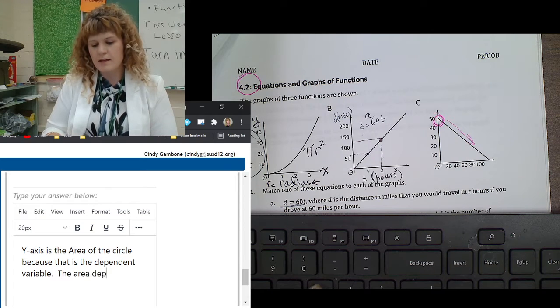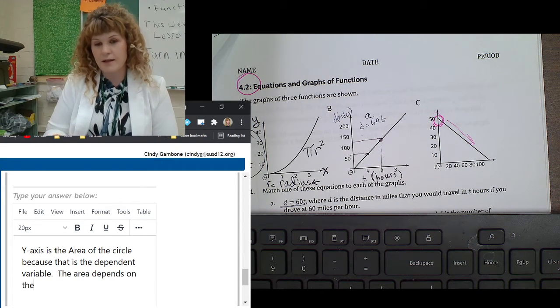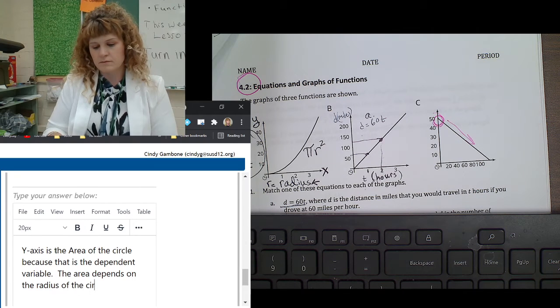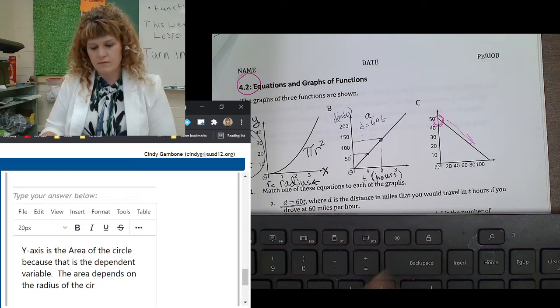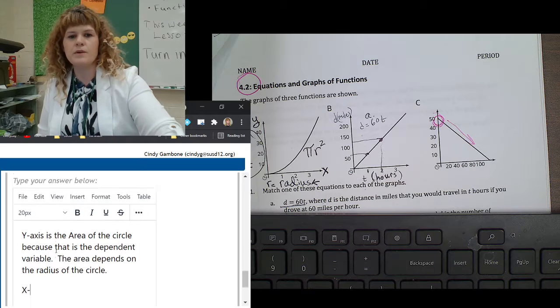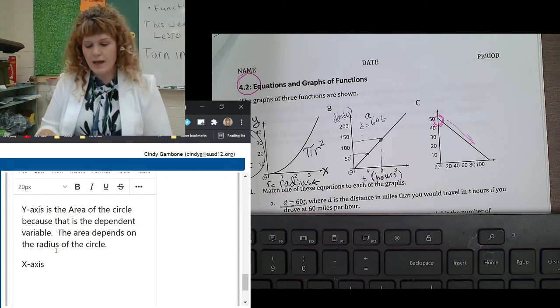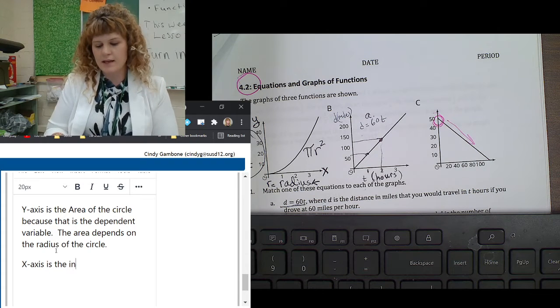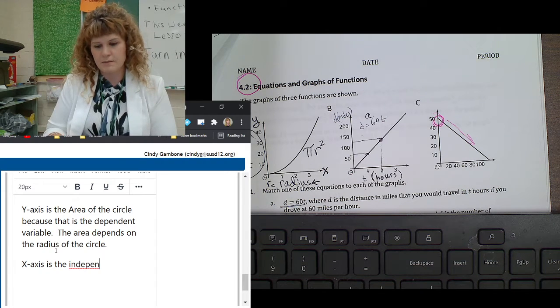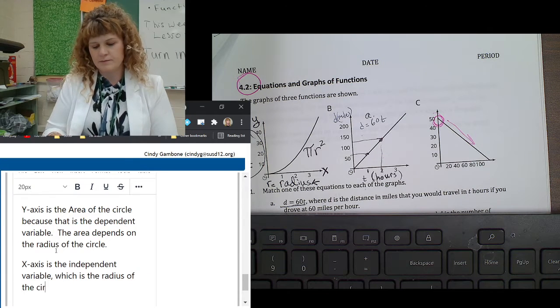The area depends on the radius of the circle. Then you can tell me what is the x-axis. What will you have on the x-axis? X-axis is the independent variable, which is the radius of the circle.